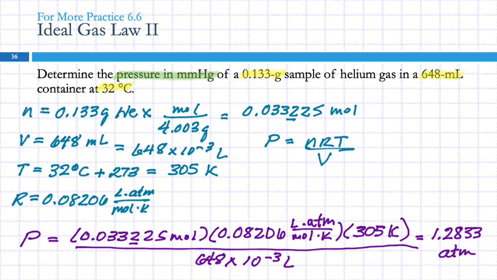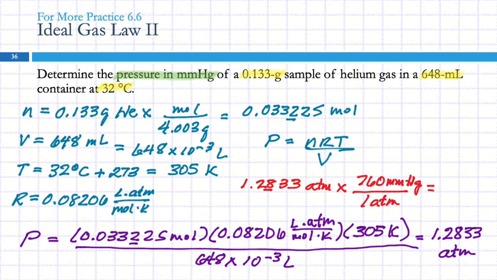But they want it in millimeters of mercury. So I can convert 1.2833 atmospheres to millimeters of mercury. It's 975.29.